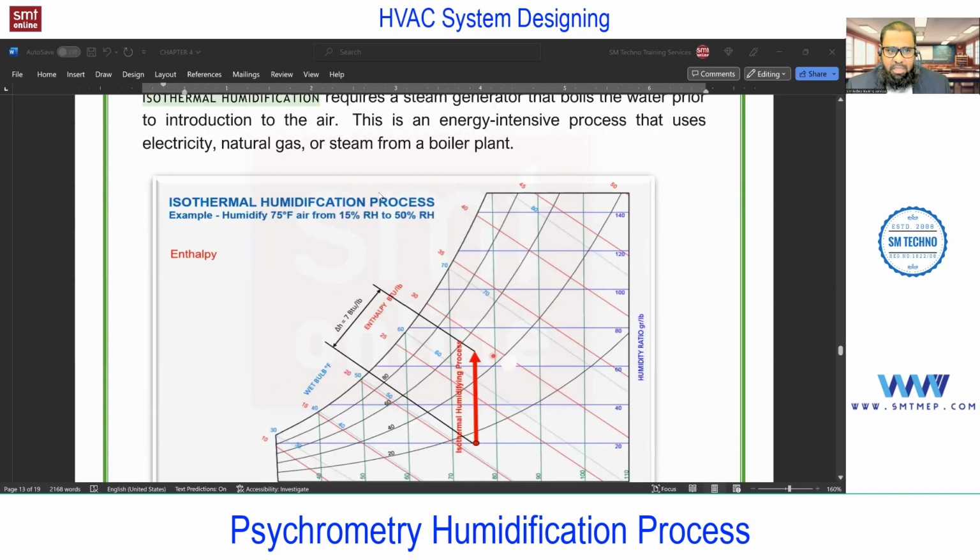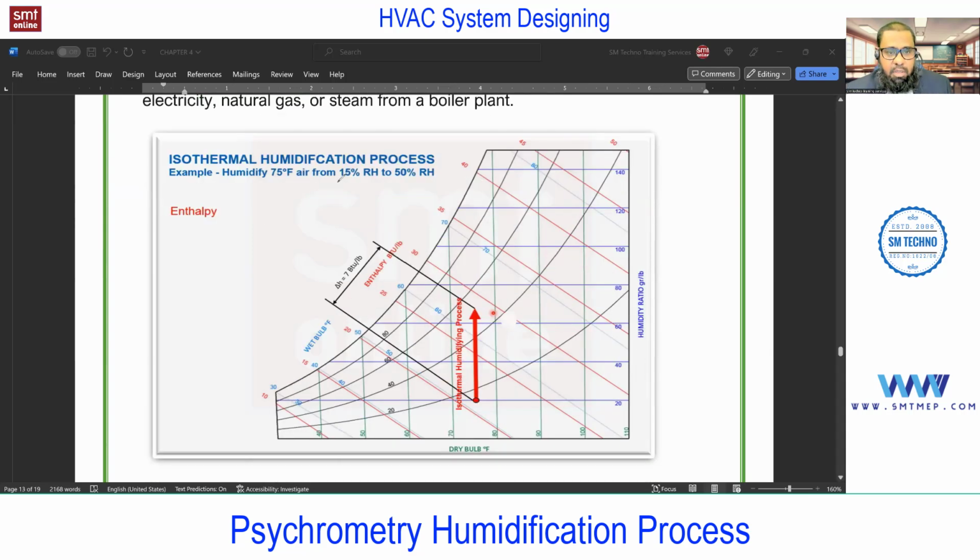So the requirement is what? Isothermal humidification means we are maintaining the same temperature and we are adding the moisture. We are not changing the temperature, because the process will give you the idea. At constant temperature, we are adding the moisture. So now you see, our requirement is 75 degree Fahrenheit air at 15% RH.